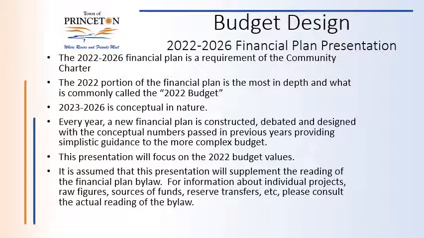So they're based on concepts, they're based on wish lists, they're based on potentials that are coming up in the future, but especially during an election year, very few promises will cross over into 2023 so as not to burden the future council with a lot of plans that the current council has created.